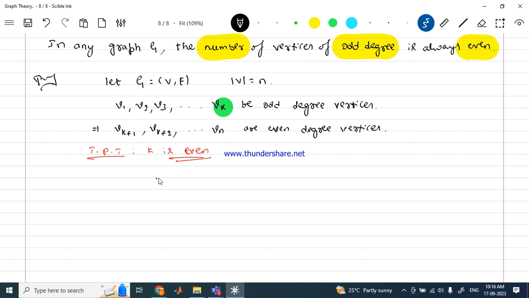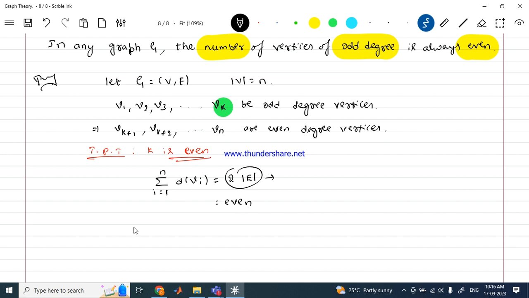What the handshaking property says is that the summation of degree of vi, for i equal to 1 to n, which means degree of v1 plus degree of v2 plus degree of v3 and so on up to degree of vn, is equal to 2 times the number of edges. And we know this number is always an even number.